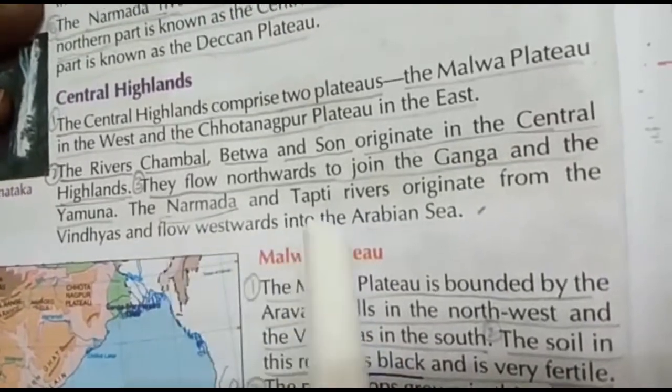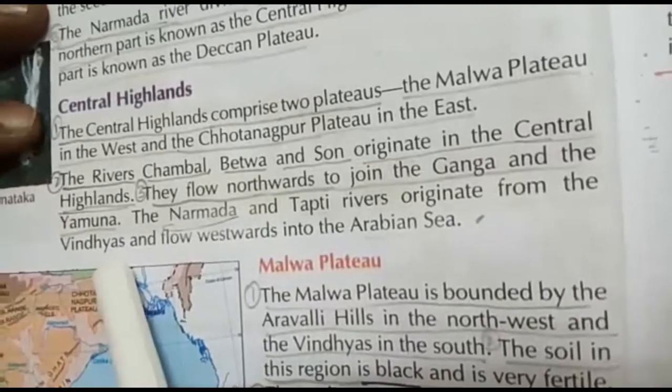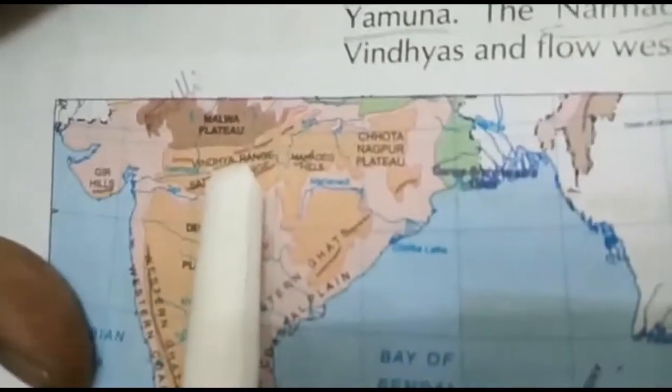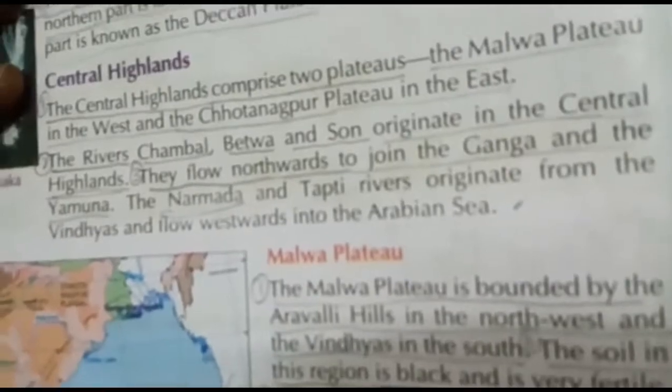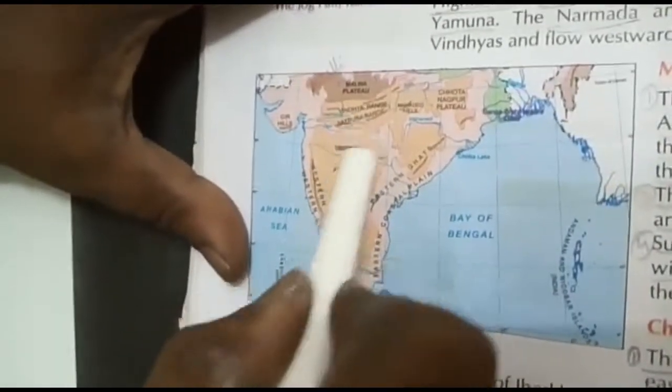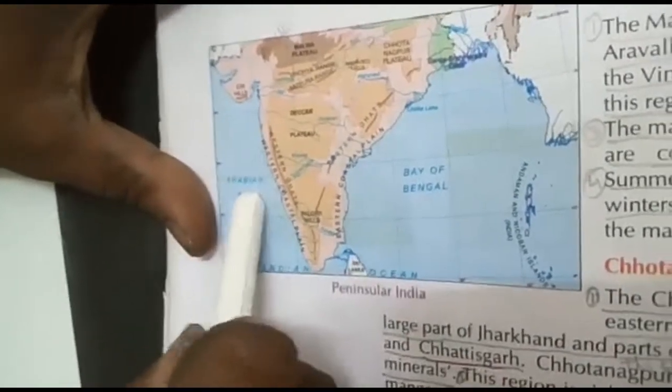The Narmada and Tapati rivers originate from the Vindhyas. Here are the Vindhya ranges. These rivers originate here and flow westwards into the Arabian Sea.